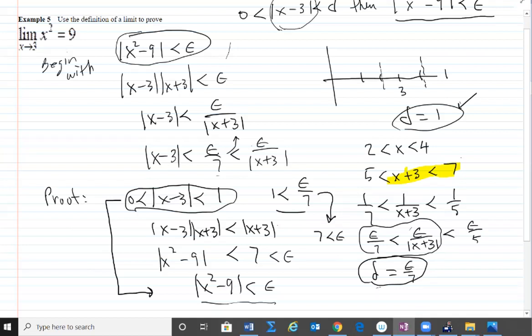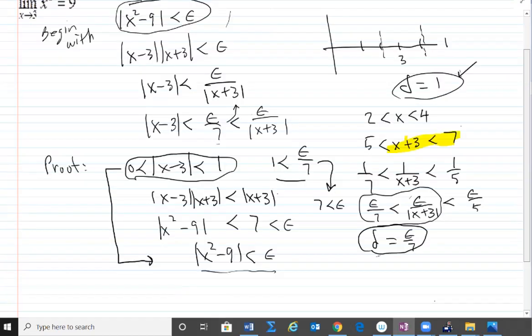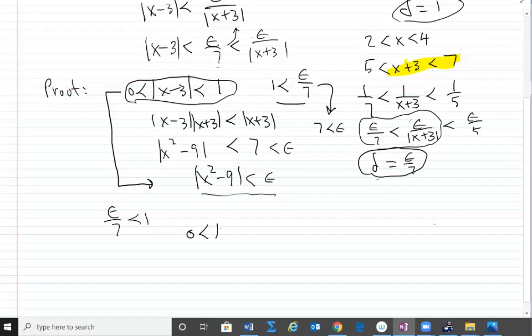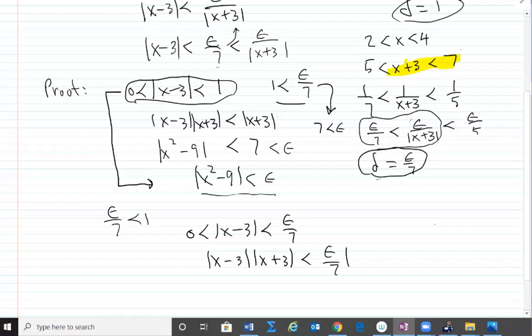Okay. All right. Now, the other part of this proof is you can now assume epsilon over 7 is less than 1. Then if you begin with this, let's try to get back to our form again. We'll multiply by the x plus 3. Epsilon over 7 times the x plus 3. And again, we have that x plus 3 is less than 7.